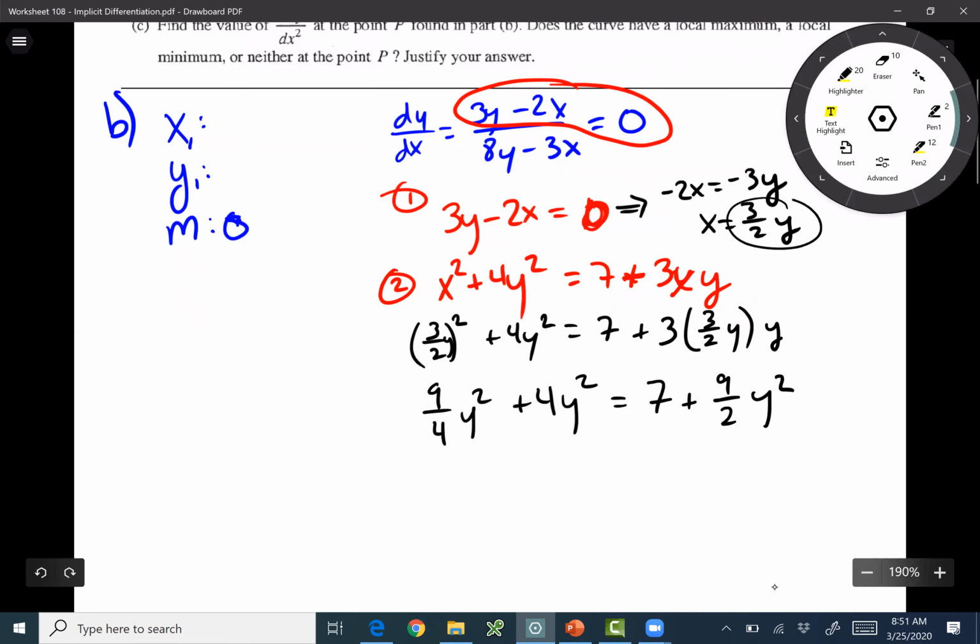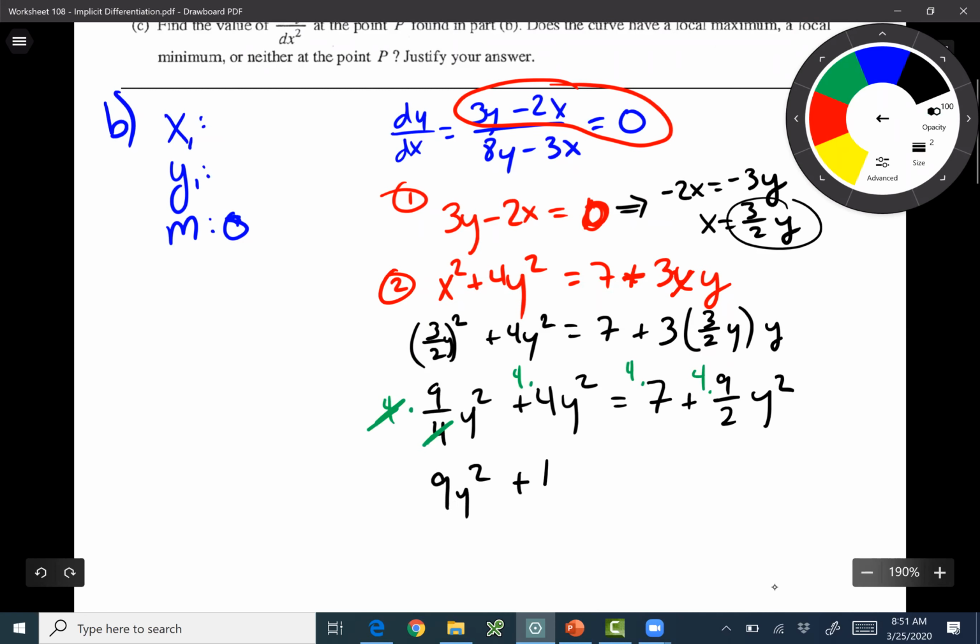And because I really don't like fractions, I'm going to multiply everything by 4 so that I can remove the fractions. So those cancel. Gives me 9y squared plus 16y squared equals 28 plus 9 times 2 is 18y squared.